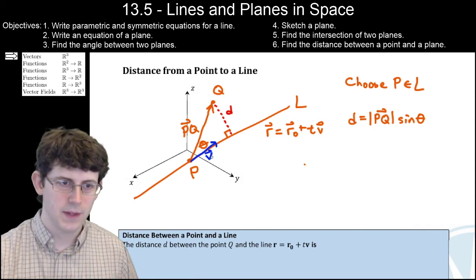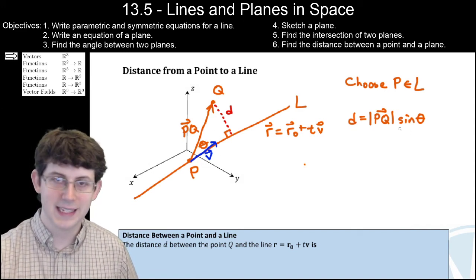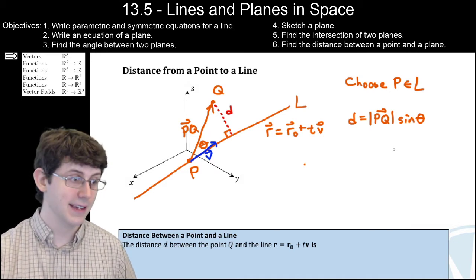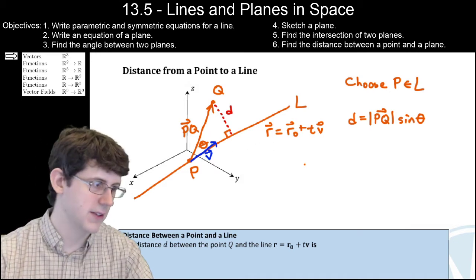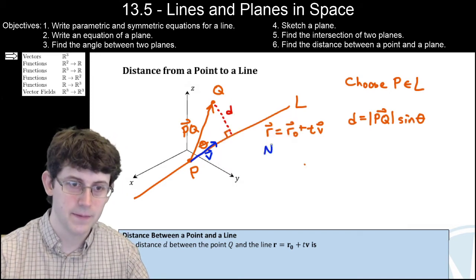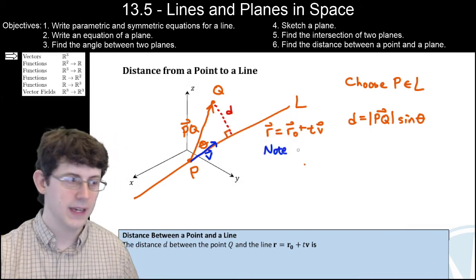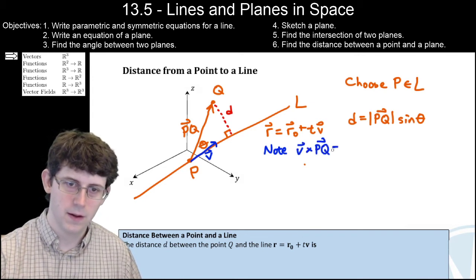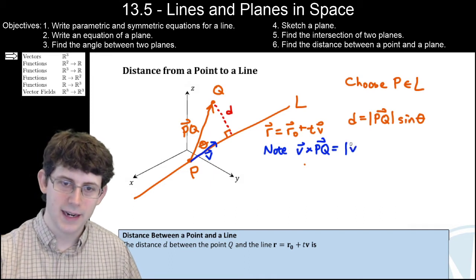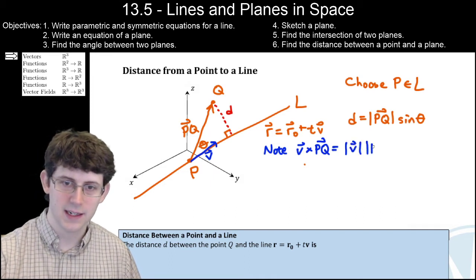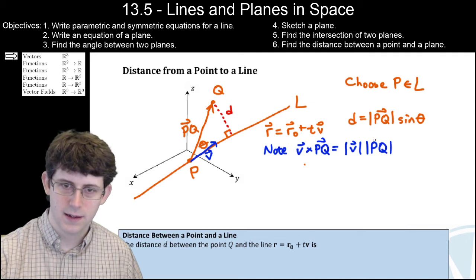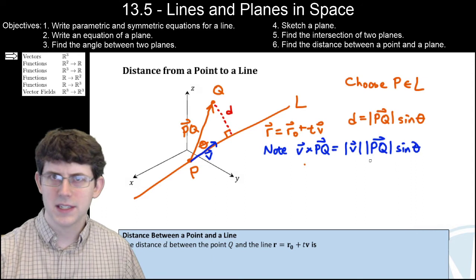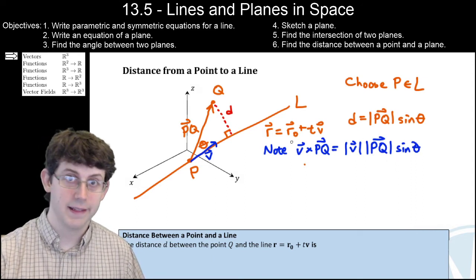Okay, so what's going on? Well, we've got sine theta here, so we suspect that the cross product is going to be involved. And in fact it is. We can notice, let's do this in blue because it's a fact about V, that if you had crossed V with PQ, then you would get, by our formula for the cross product from the previous section, just the size of V, the size of PQ, times sine theta. This equation isn't right now because the right side is a scalar and the left side is a vector.